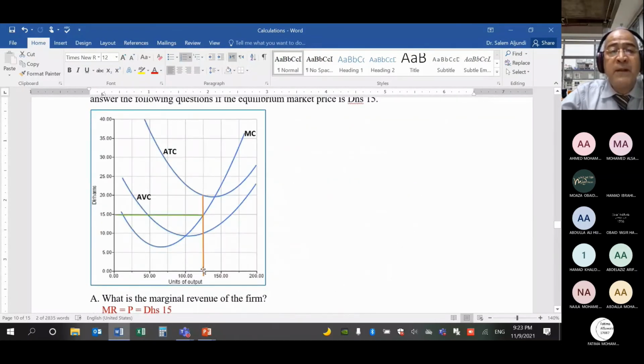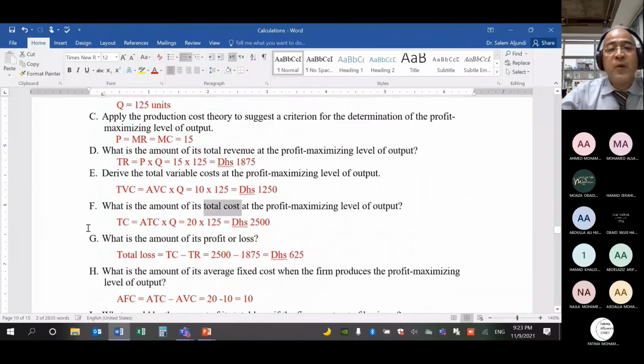From here, average total cost equals 20. And this dot on the average total cost curve tells us if we produce 125, average total cost will be 20. So 20 times 125, this will be the total cost.